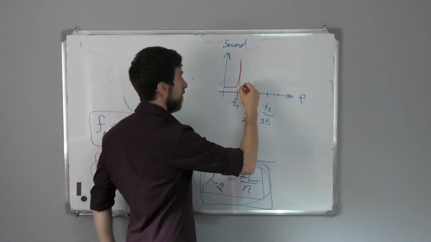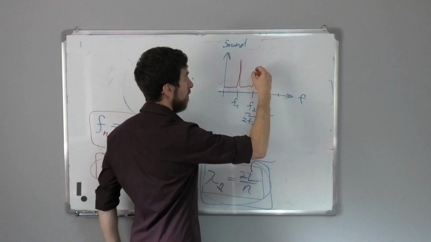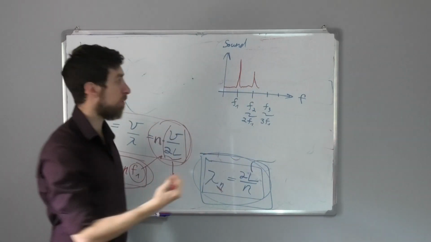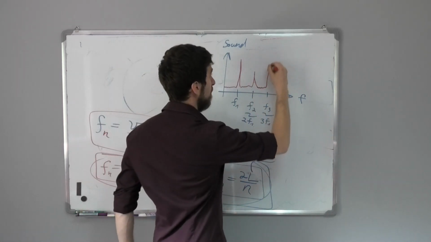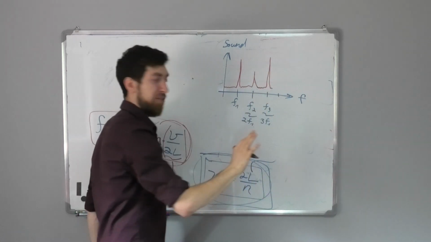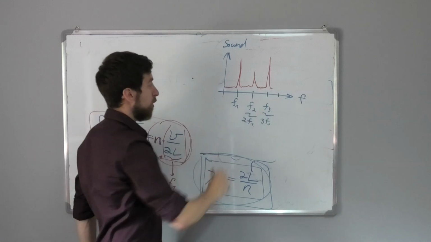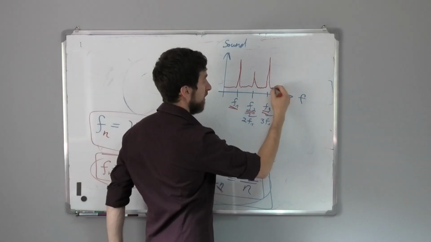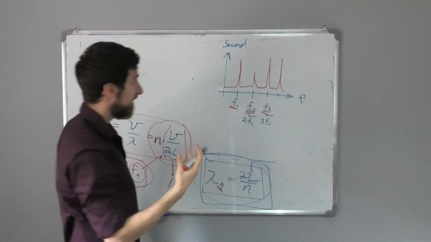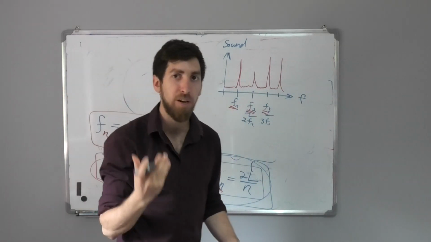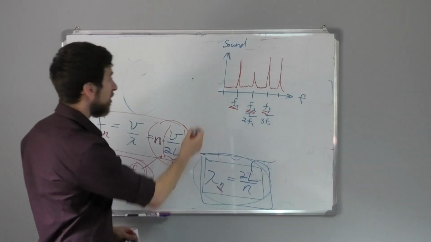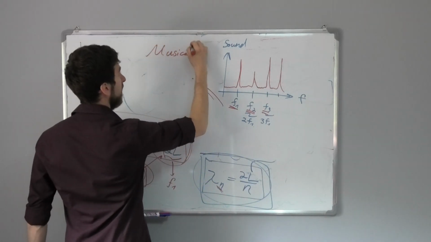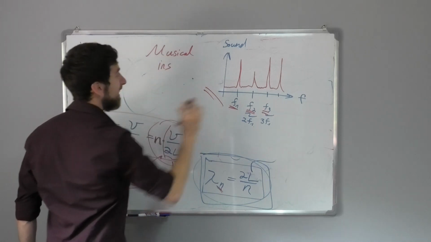And then I see another phenomenon, boom, wow, this mode is not as intense as this one, but it's really strong. And boom, wow, F3 is like F1. So if I see that only these frequencies are really intense in the sound I'm hearing, it means that I'm actually using a musical instrument. That's the idea.